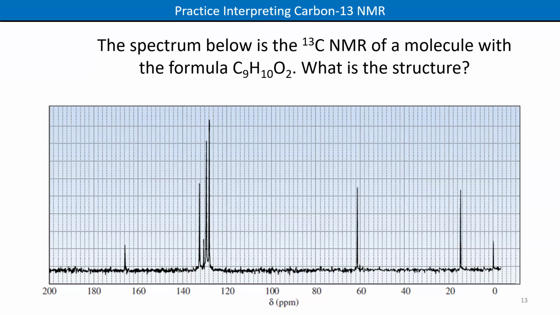So the fact that this peak is at 60 tells us that maybe what we have is that. Or potentially put the carbonyl right here next to the CH2. And so we still have a couple of possible options.